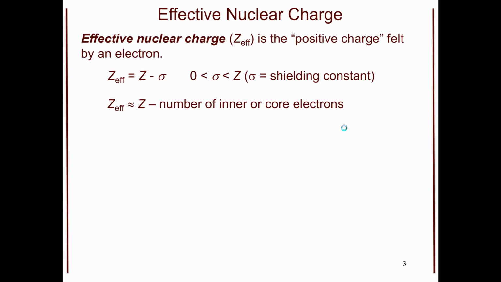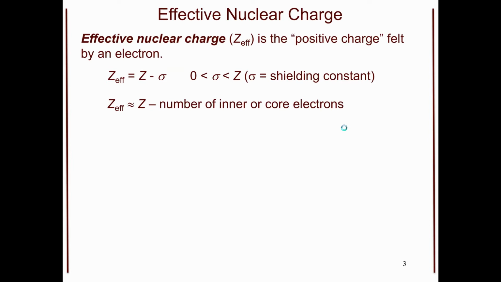The greater our sigma, our shielding constant, that means that we are going to end up having a harder time trying to reach out and affect our outer electrons. So our Z effective historically can just be predicted as Z, our atomic number, minus the number of inner or core electrons.